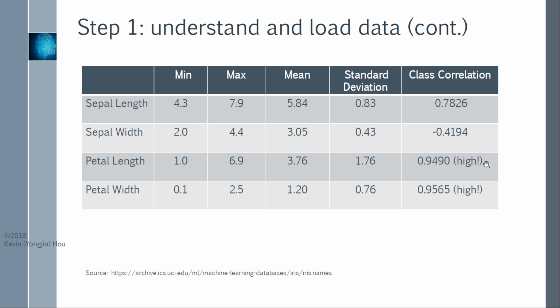It's really high, which means you can tell that within each class, each species of iris, the petal lengths are similar to each other. Here are just the numbers and the statistics of the 4 features. On the next page, we'll see something else, which you can connect to this page, particularly the class correlation matrix we have here.